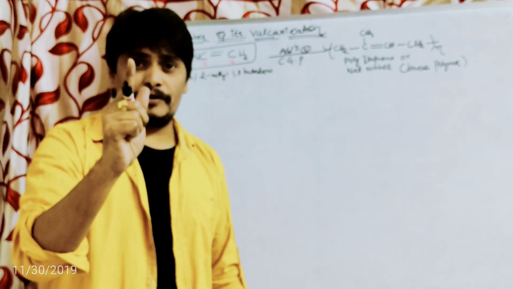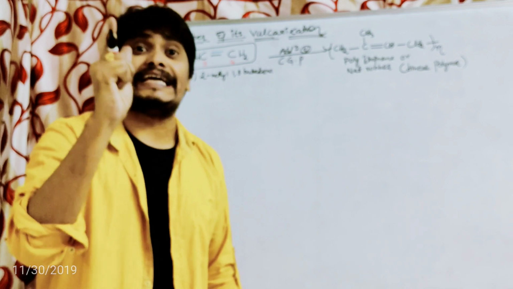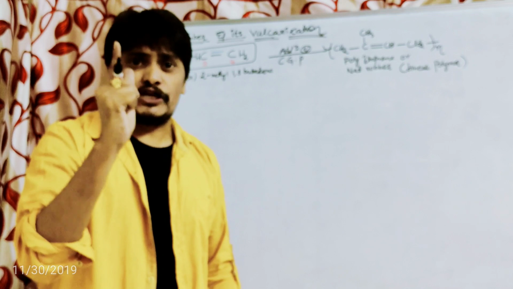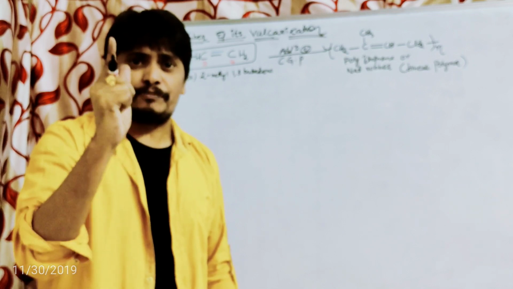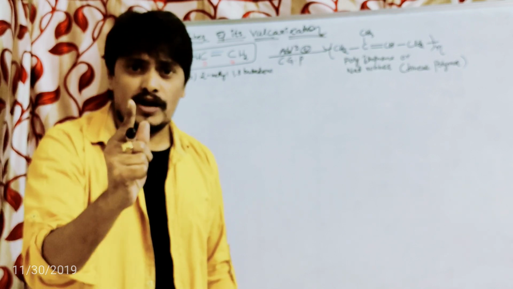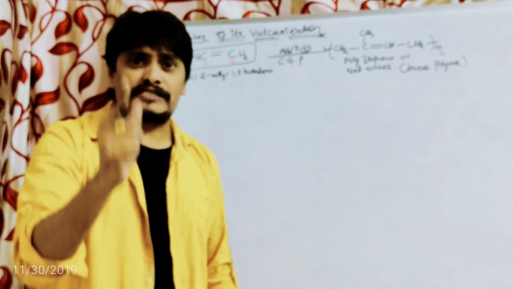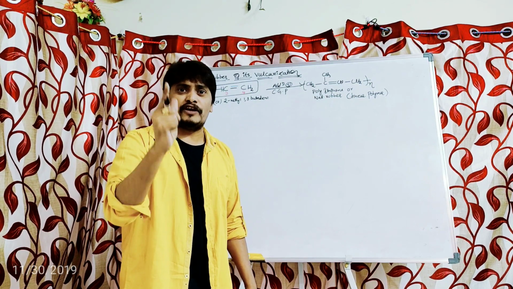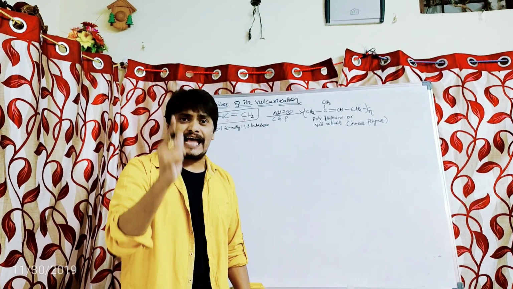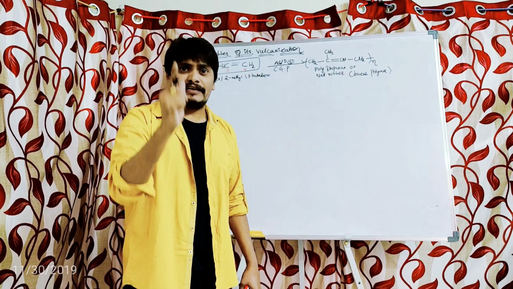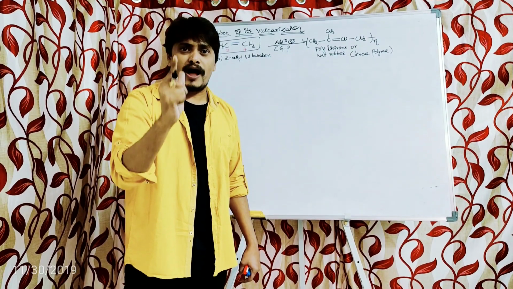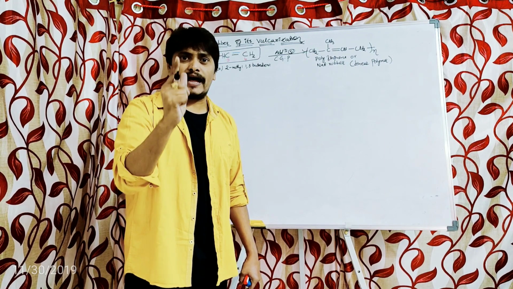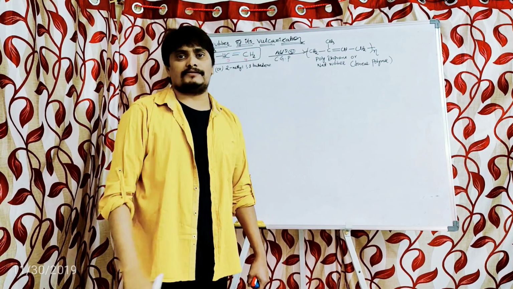Natural rubber is not heat resistant, but the rubber by which the tube and tire of an automobile is made up of should withstand cold and heat, because the automobile is the one which will move here and there. So definitely it will be under the influence of heat as well as cold. So definitely the tire and tube of the automobile must be resistant to the cold and hot conditions.